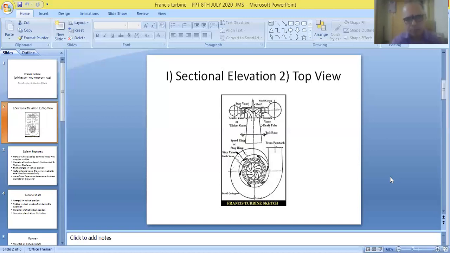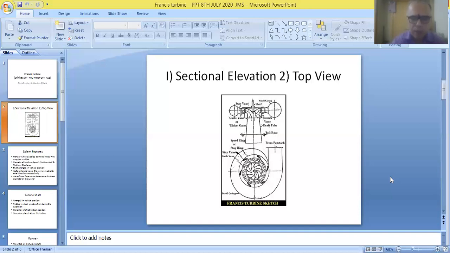And finally, the water which is coming out of the guide wheel, water which is leaving the guide wheel, will be entering the runner, and it will be flowing again from outer diameter to the inner diameter of the runner.